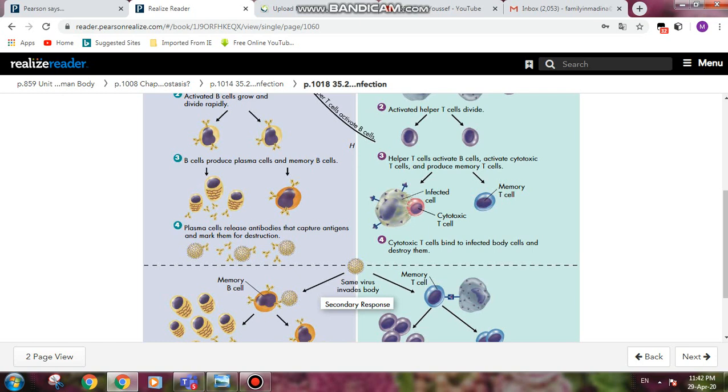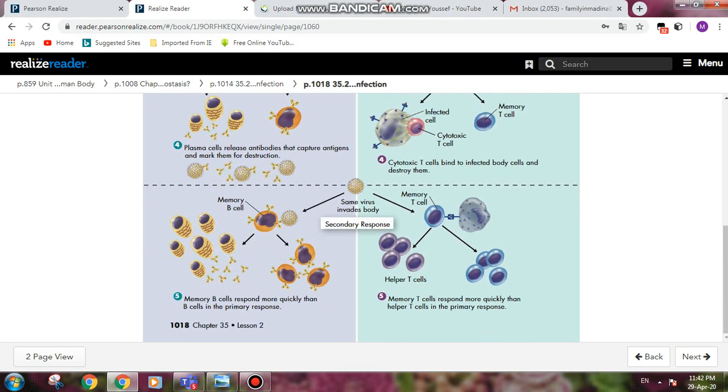And the memory cells remember the antigen, so whenever it comes again to the body, the immunity response will be done more quickly. We call this the secondary response, and the first time that the antigen entered our body and the immunity worked on it, this is the primary response.